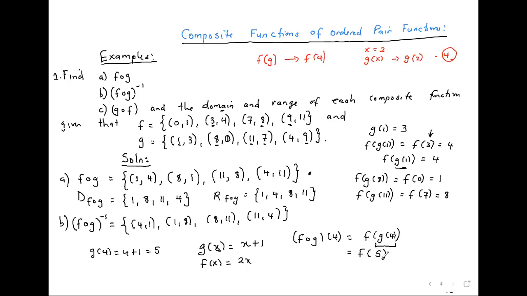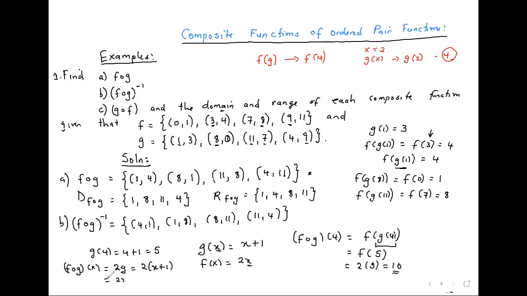Then this 5, you take it now to f. F of 5 is what? It's 2 times 5, which is equal to 10. Or you can find f of g. F of g, where there is x in f, you put g. So you have 2g. But g is known, it's x plus 1.